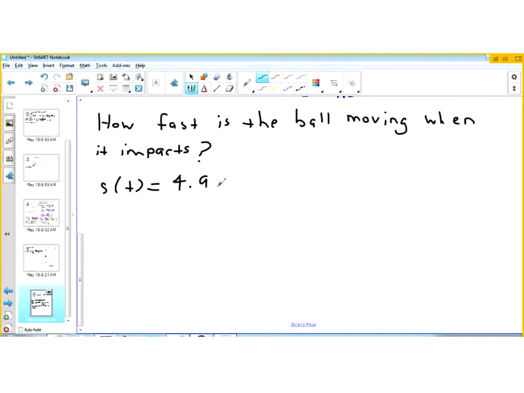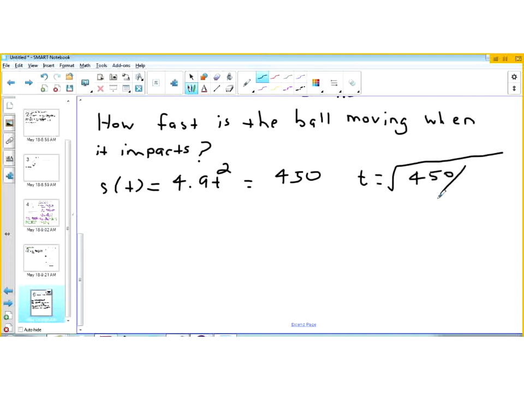So we know S of t, position, is equal to 4.9 t squared. And when it impacts, it will be 450 meters from the deck, the upper deck. So we know at what time it impacts.